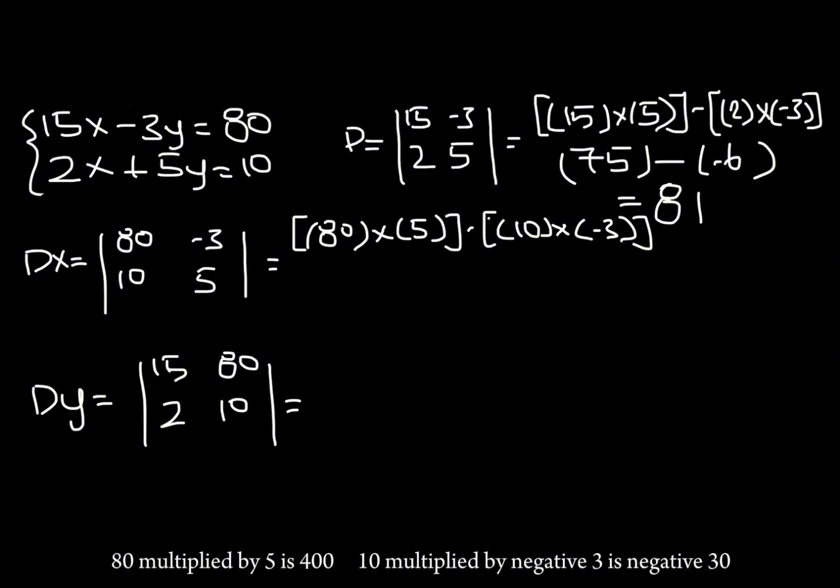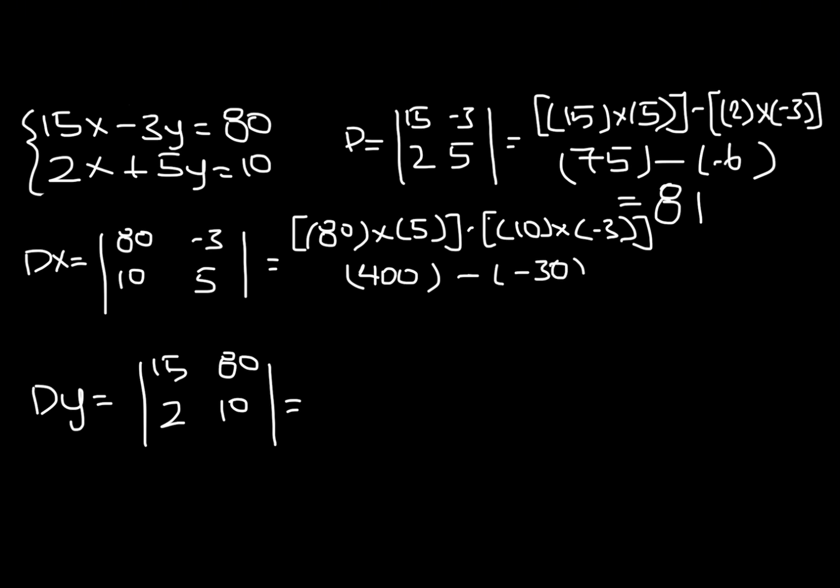Let's find now the determinant of this matrix. 80 multiplied by 5 is 400. 10 multiplied by negative 3 is negative 30. 400 take away negative 30 is 430.